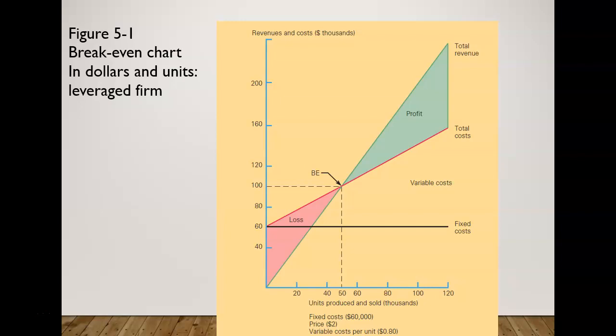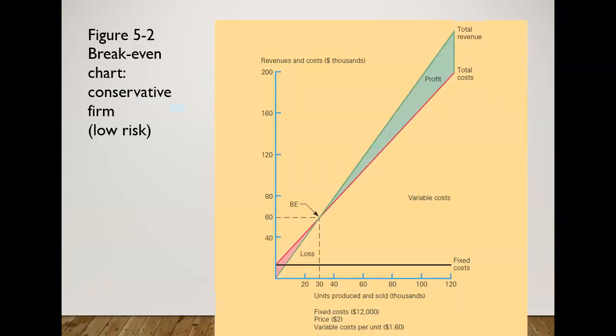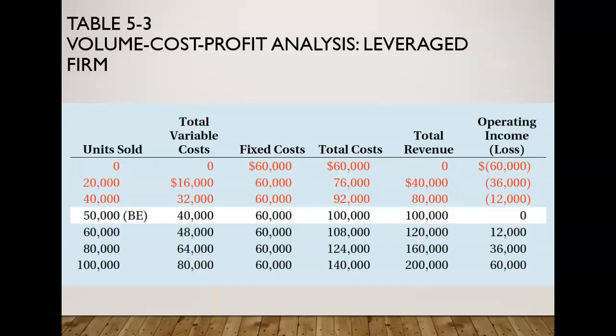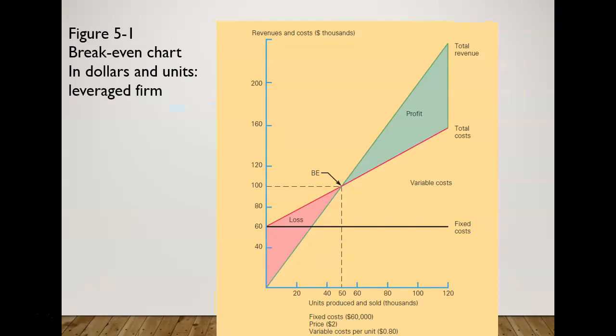However, notice that the area shaded in pink is a much larger area than for the more conservative firm, because it means that if the firm was unable to generate enough revenue by making enough sales, then its losses would be less if you are conservative versus a case where the firm is less conservative.